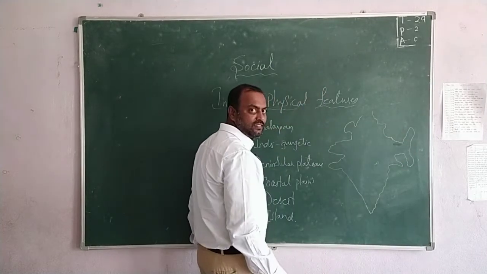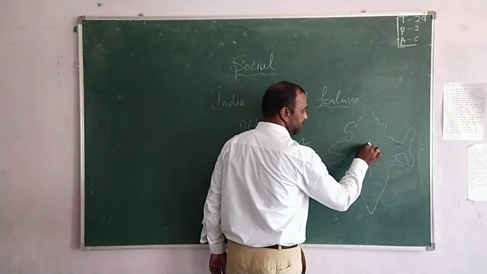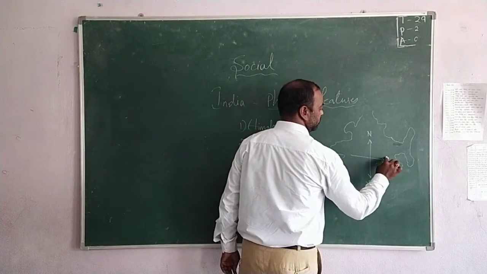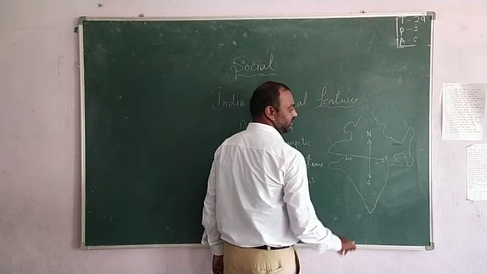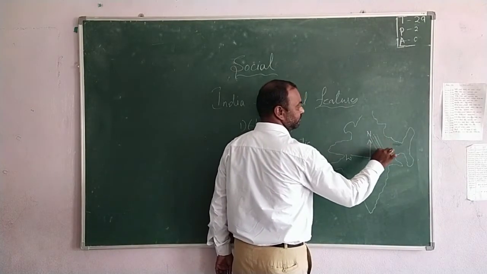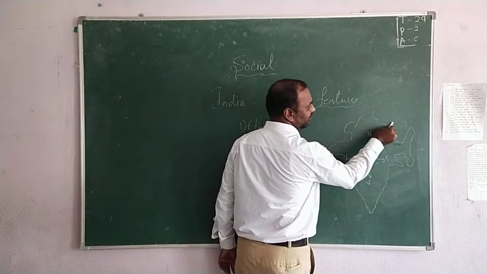If you imagine this as a rough sketch of India, this is north, this is south, this is the east, and this is the west. Himalayas are present on the northeastern side of India. So they occupy this area.